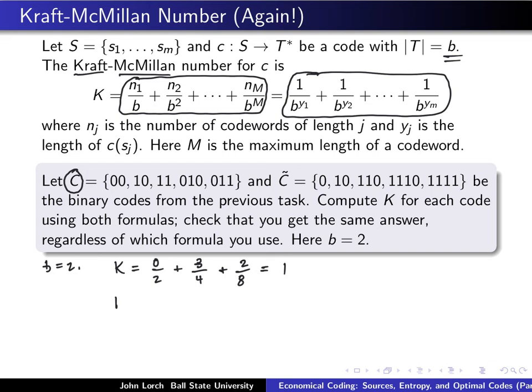Now let's do the same code again. So this is code C, but now we're going to use this second formulation. All right, so first I take 1 over B. B in this case is 2. And I look at the length of the first code word. So the first code word is of length 2. Then I go to 1 over B to the length of the second code word.